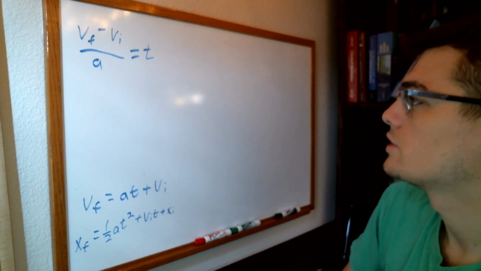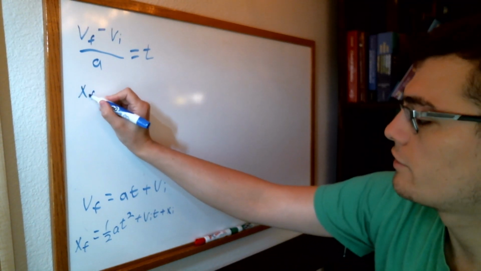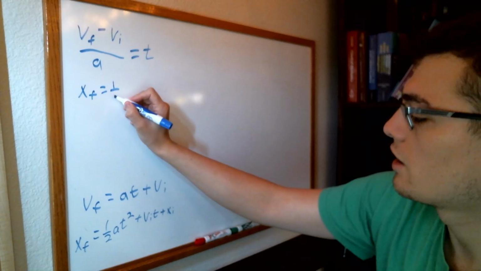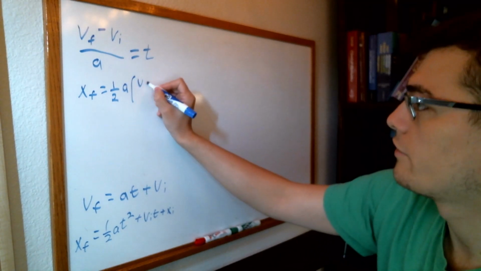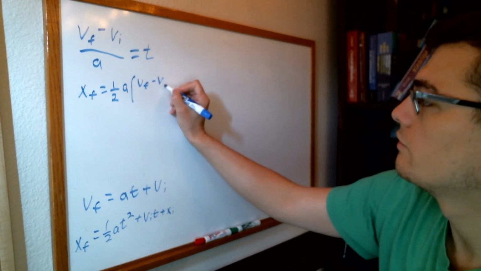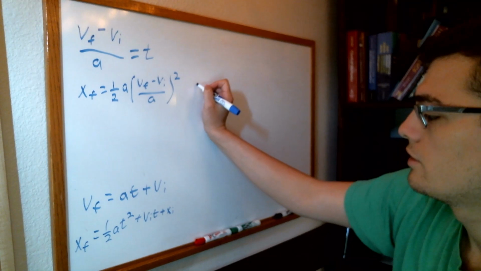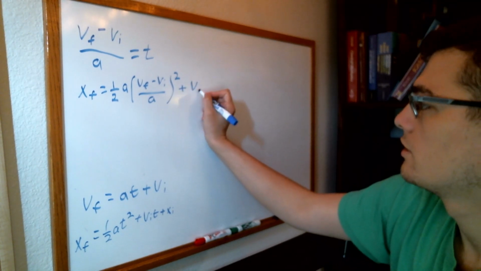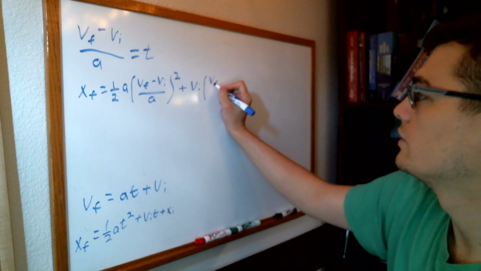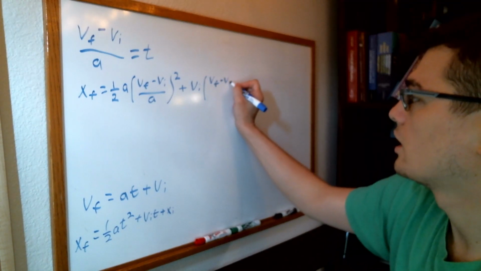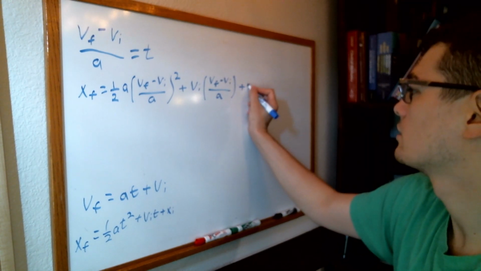Okay, so let's do that. So then we have xf is equal to 1/2 a times vf minus vi over a, squared, plus vi times vf minus vi over a, plus xi.